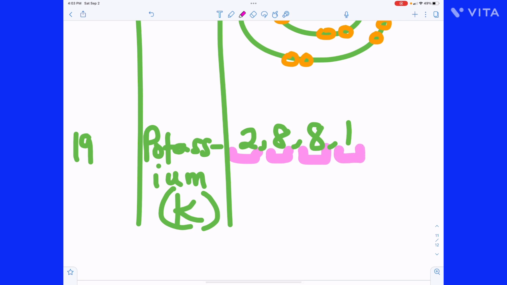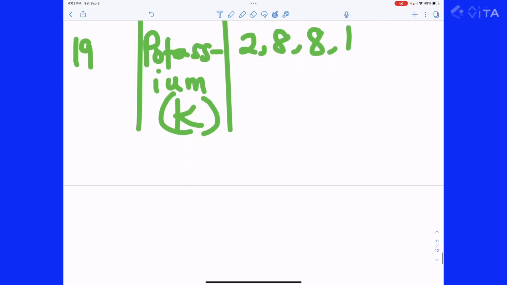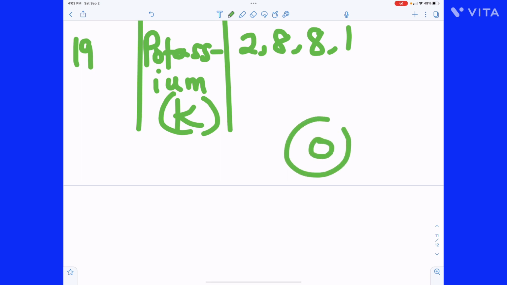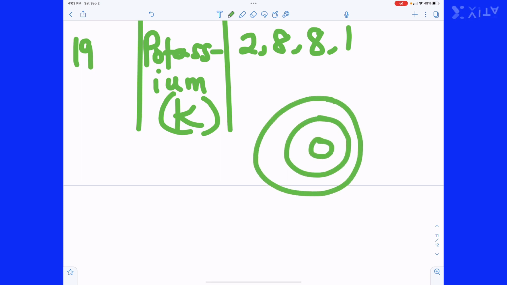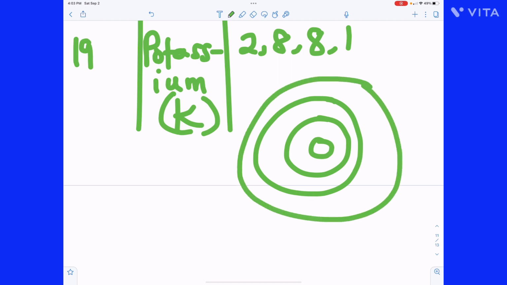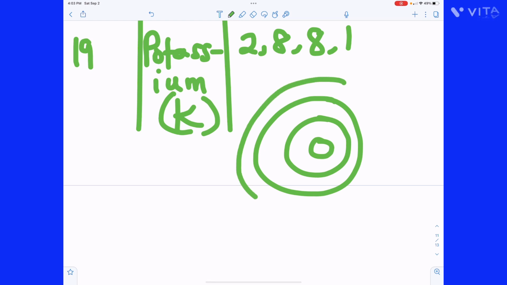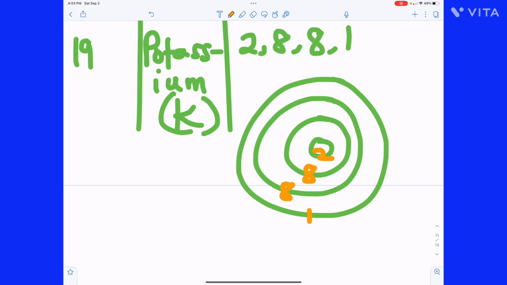The last one goes into the fourth shell. That's an exception. And there's a reason for it that we treat when we do quantum electron configuration. When we do quantum electron configuration, you see the reason for that exception. So that's going to be 2 electrons, 8 electrons, 8 electrons, 1 electron.